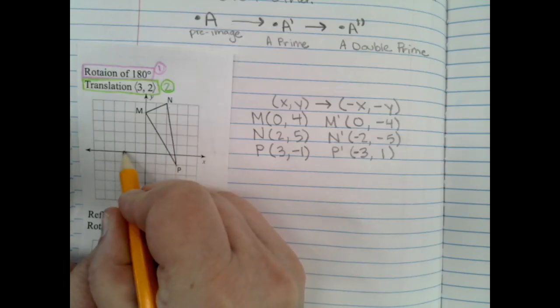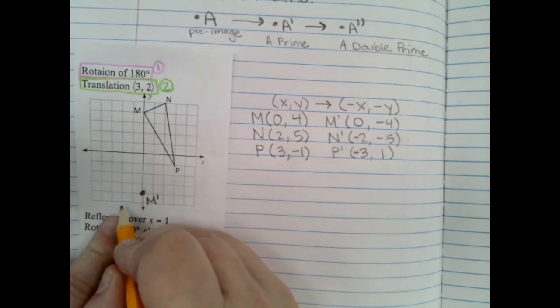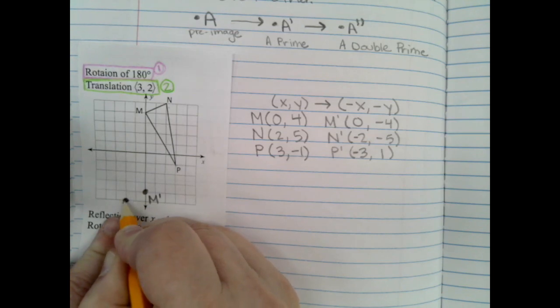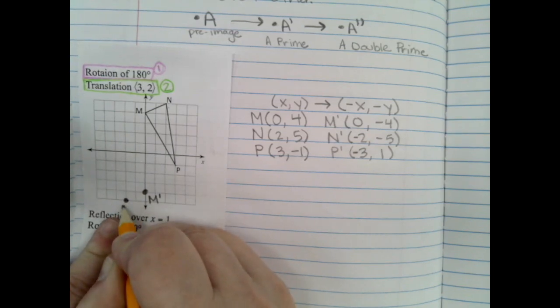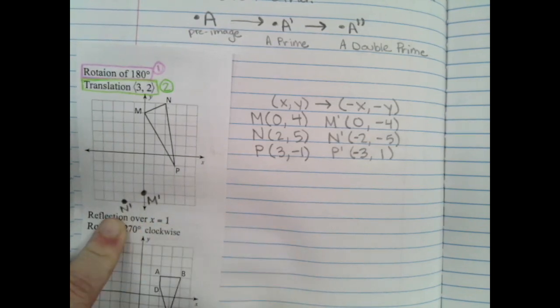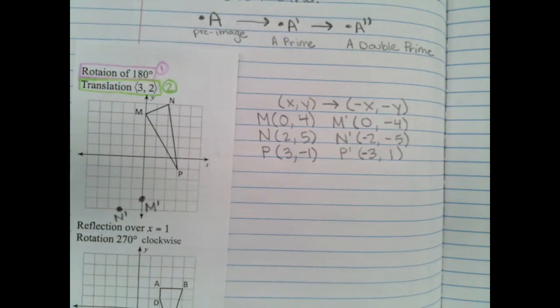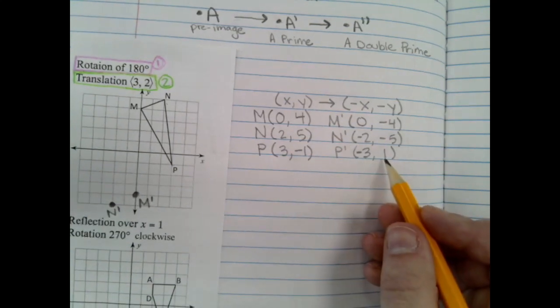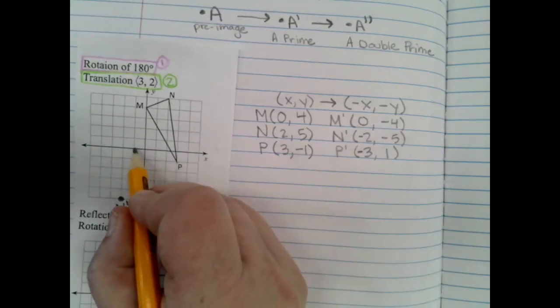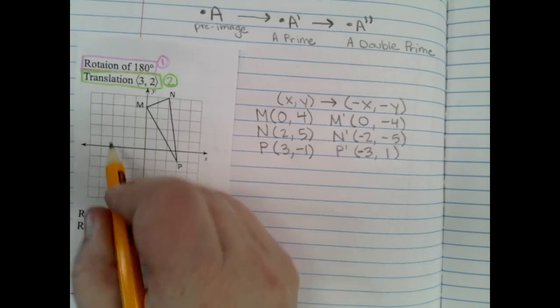So left 2, down 5. And then P prime is -3, +1. So we'll go left 3, up 1.